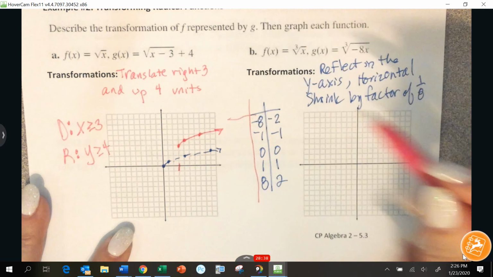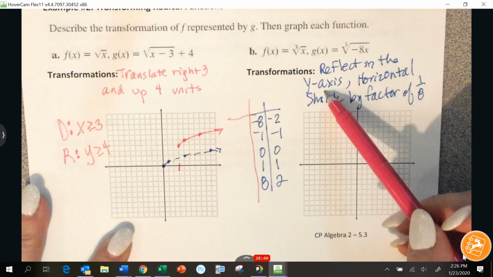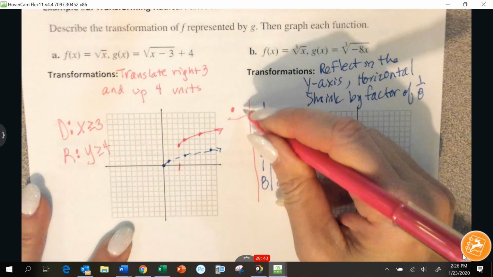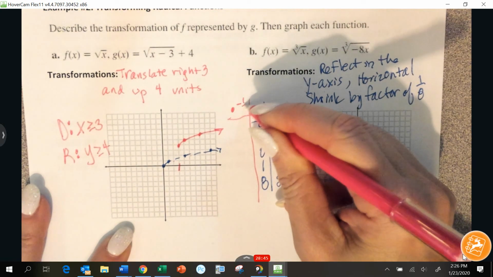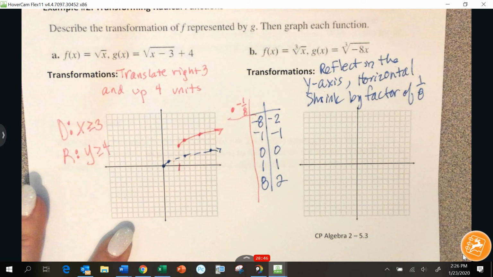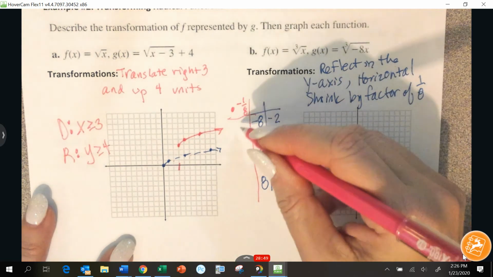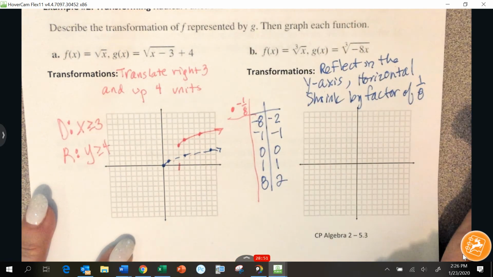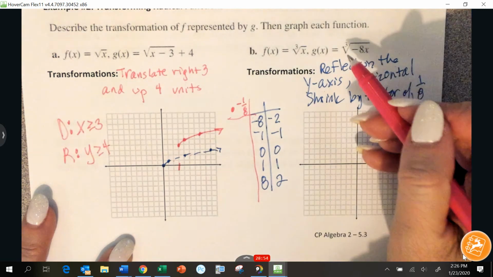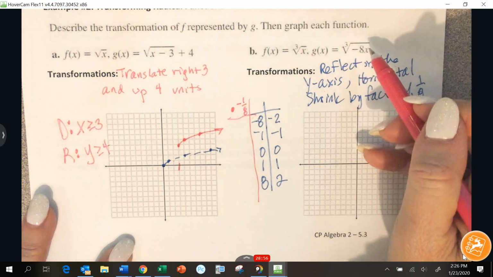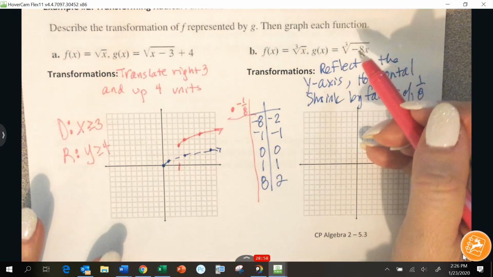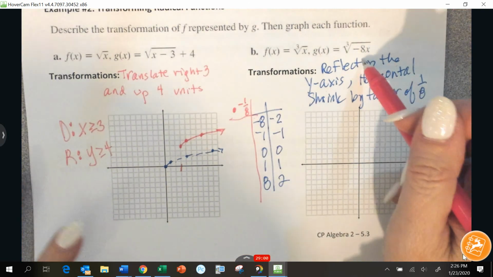And then actually a horizontal reflection. So I'm going to multiply everything on the x side by 1/8. -1. Sorry. You did 1/8 because you've got to do the opposite, right? Correct. Yes. Because it's inside of the function, you have to do the inverse operation, which is division instead of multiplication.